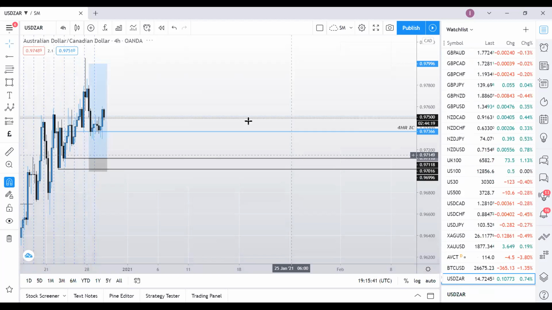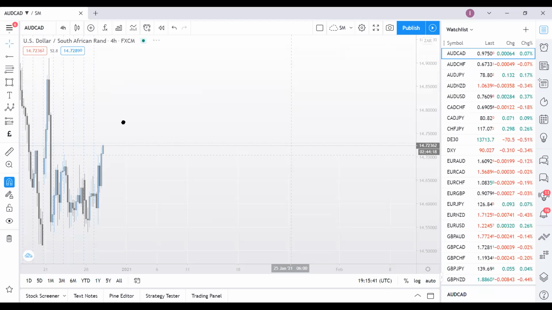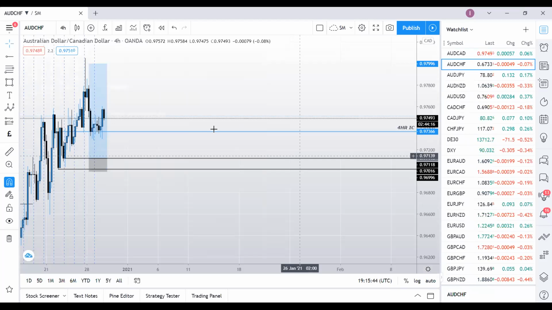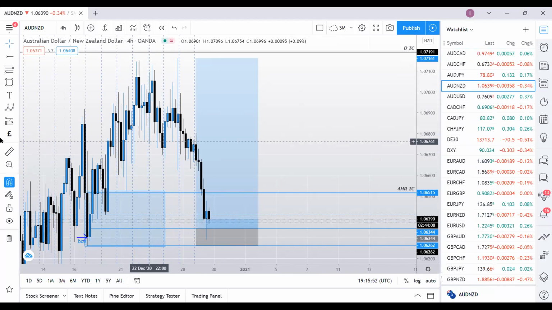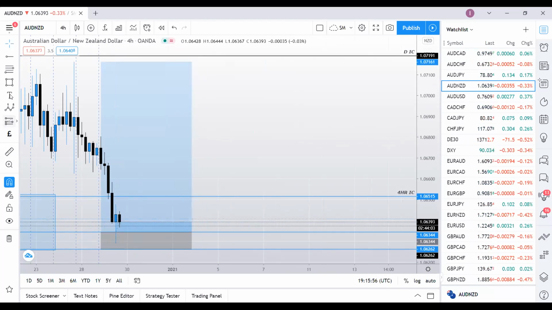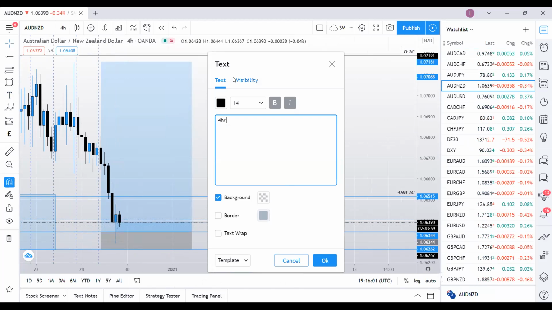All right, it's probably best to do it against this. So the 4 hour time frame smart money set up.